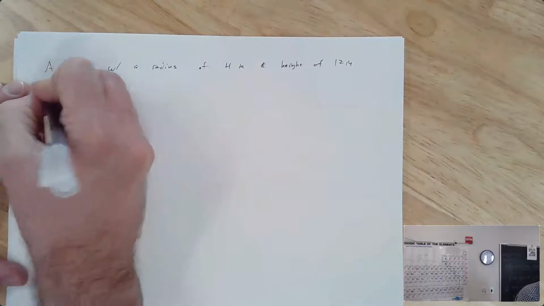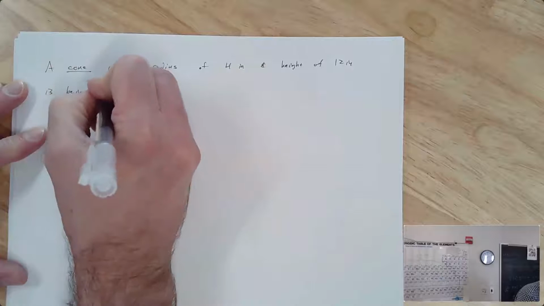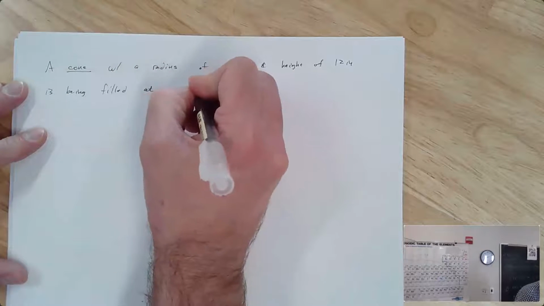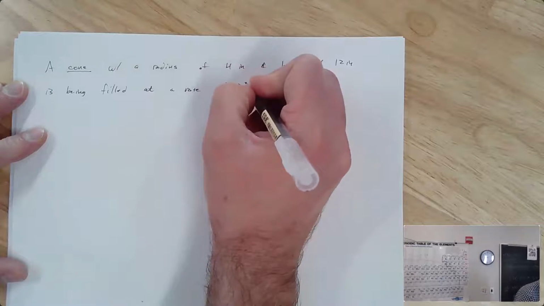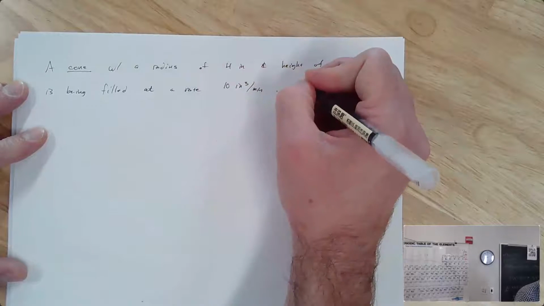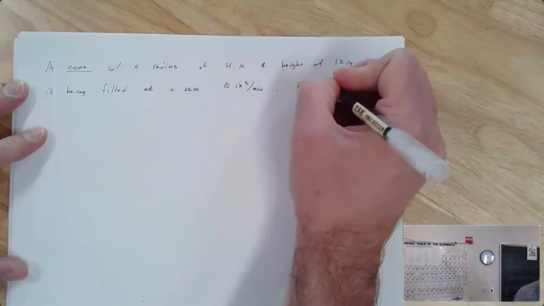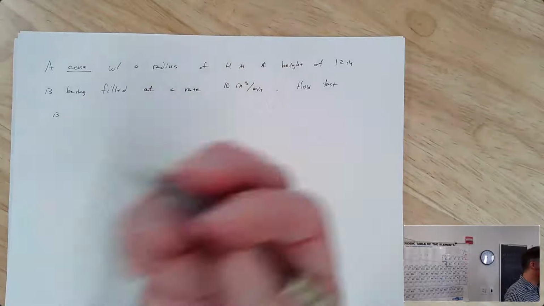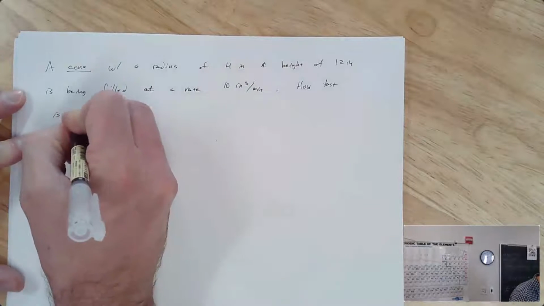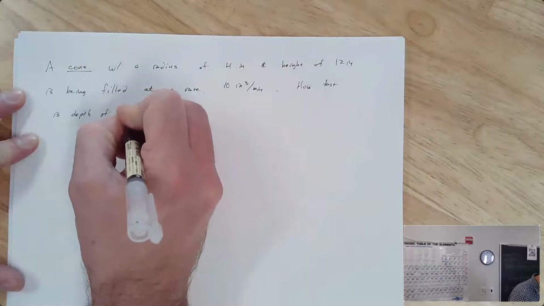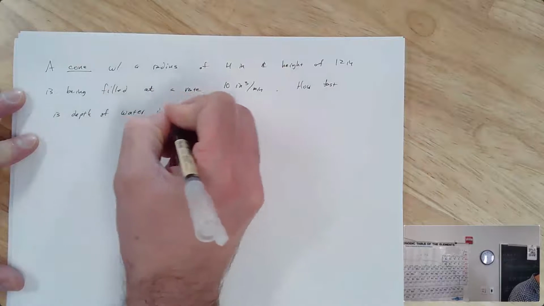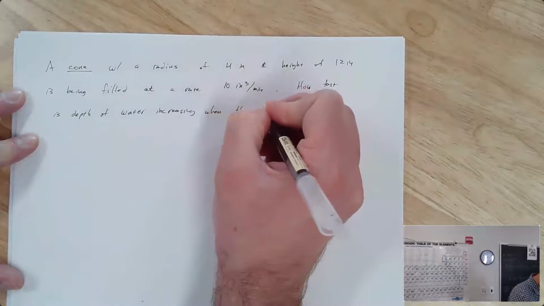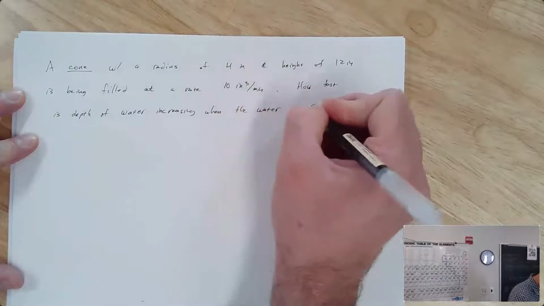It is still being filled with water at the same rate, at a rate of 10 cubic inches per minute. And now the question is, once again, how fast, you can say the height of the water, you can say the depth of the water, they both kind of mean the same thing. How fast is the depth of the water increasing when the water is 6 inches deep?